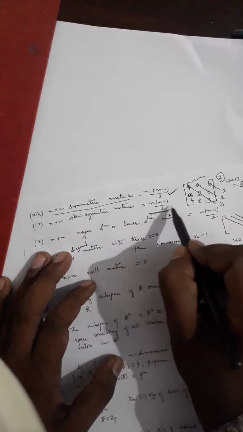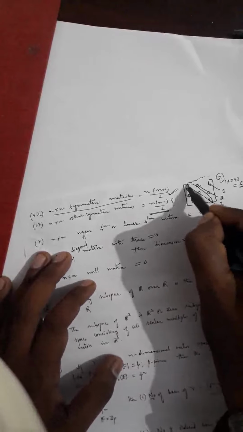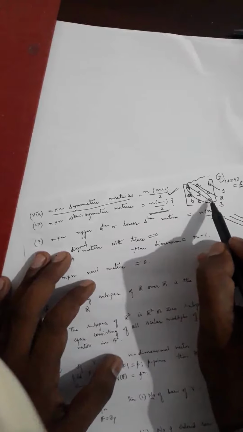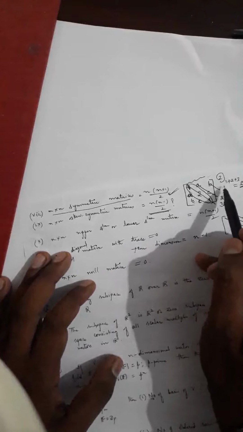Skew symmetric is n into n minus 1 by 2. Just check it once why it is. Similar way, but here this term will not be there because it is 0. Do you understand? This term will not be there. So you need to have only 1 plus 2 plus 3 etc. up to n minus 1. Getting my point?